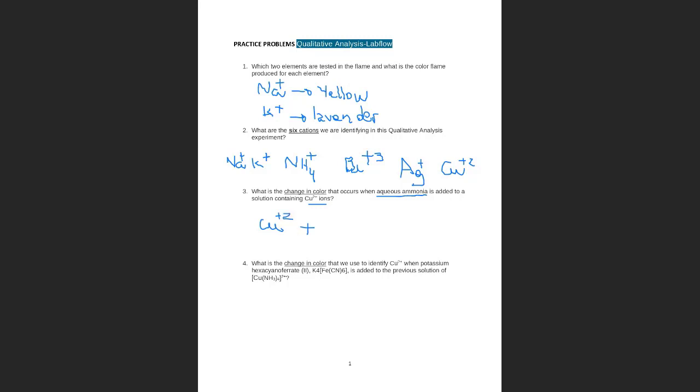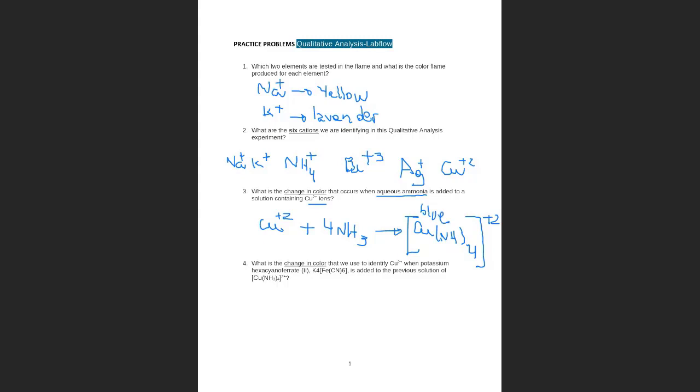When you have copper, all these reactions are there for you in the write-up. You are going to have this complex, copper ammonia +2, and what they are asking is the change in color. So this is blue.